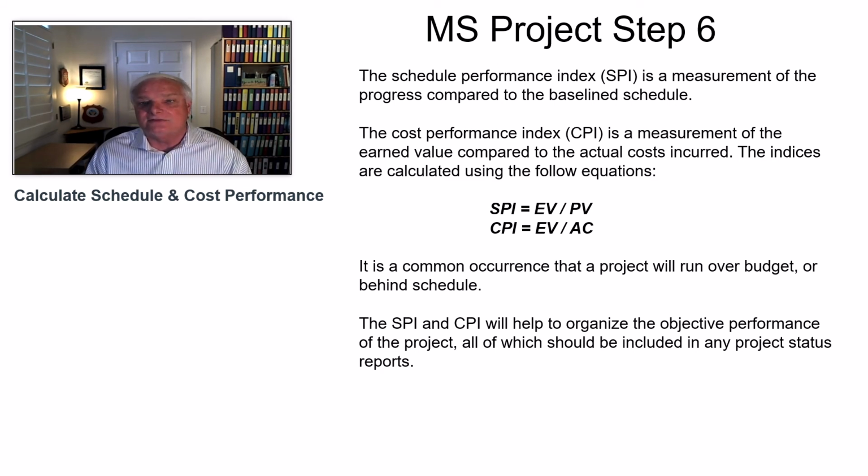These indexes really tell you where your cost is at this point in time and where your schedule is at this point in time. You can understand where you were supposed to be, but these indices use the following equations. SPI is equal to earned value divided by planned value. CPI is earned value divided by actual costs. So make sure you cover all of that type of information as we continue to move forward.